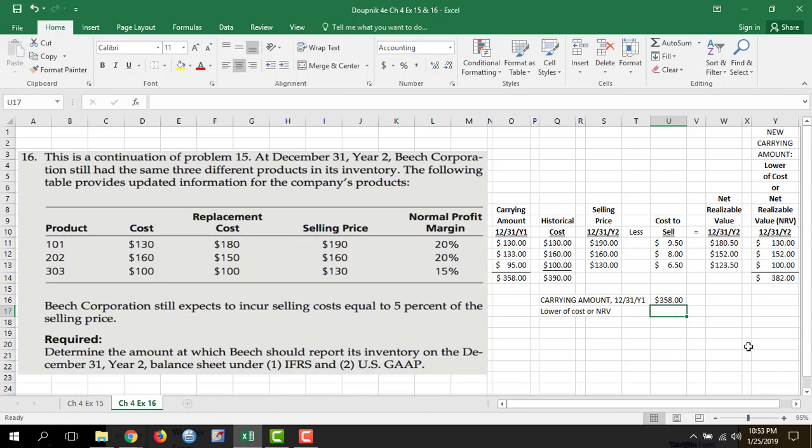That is the lower of cost or net realizable value at the end of year 2 for the 3 products, and that is higher than the carrying amount at the end of the prior year, year 1, of $358.